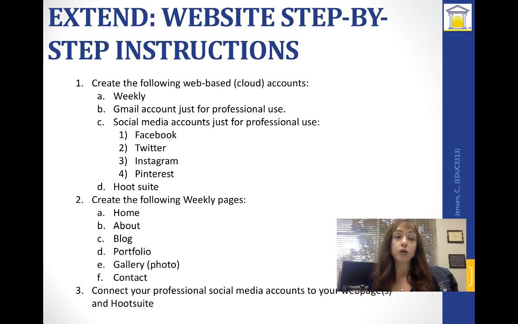And remember, these are all your professional accounts only. Don't link your personal. If you want to create a personal Hootsuite for your personal accounts, that's fine, but I only want the professional one for here. Weebly currently does not connect with Hootsuite, so hopefully in the future they will develop that.